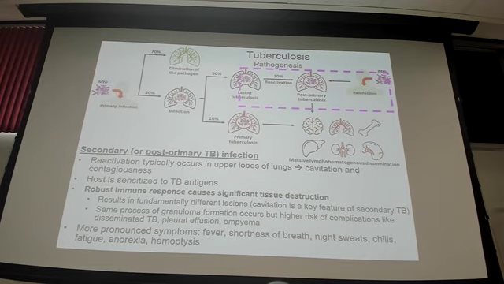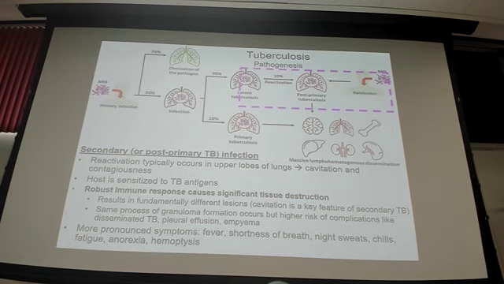When your body sees these bacteria that it hasn't seen in, let's say, 10 or 20 or 30 years, there will be memory T cells and memory immune cells that recognize these bacteria. And because of that, you'll have a fundamentally different immune response with reactivation TB. That immune response is usually worse, and the pathology is usually more severe because of that, faster and more severe.